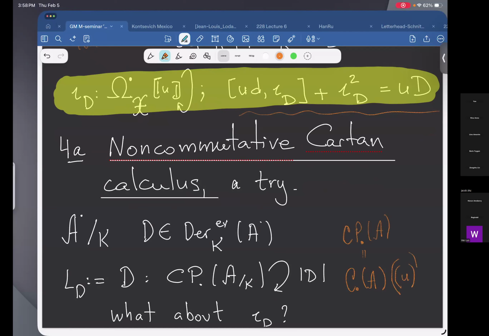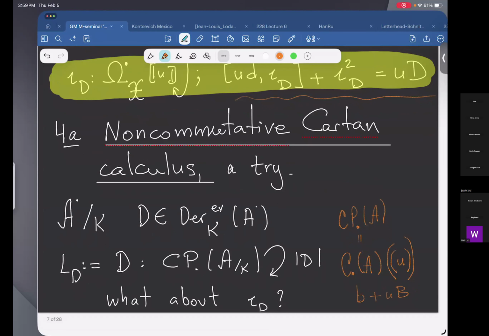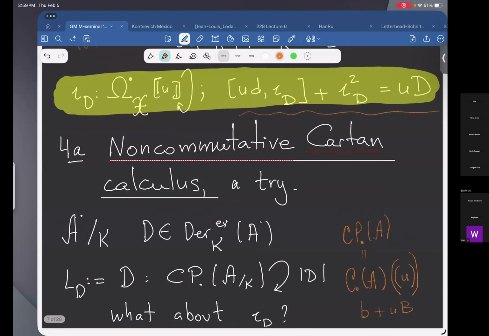It's the localization at U of the negative cyclic complex, and it has two differentials, one Hochschild and one cyclic. And of course, derivations act on it.